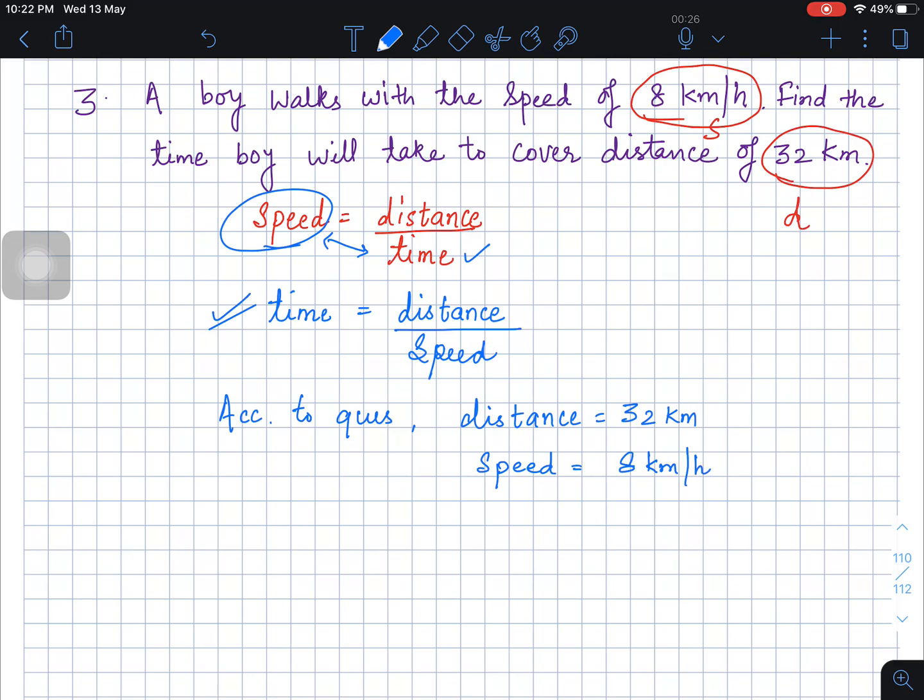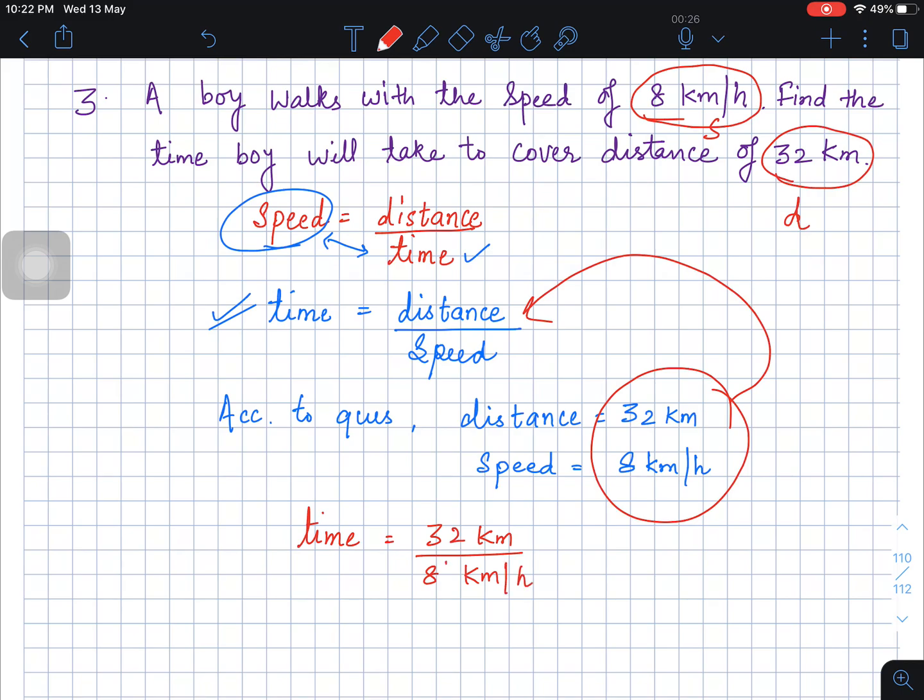Put these values in this. So time is equal to 32 kilometer divided by 8 kilometer per hour. This 8 gets cancelled with 32 and you get a 4.